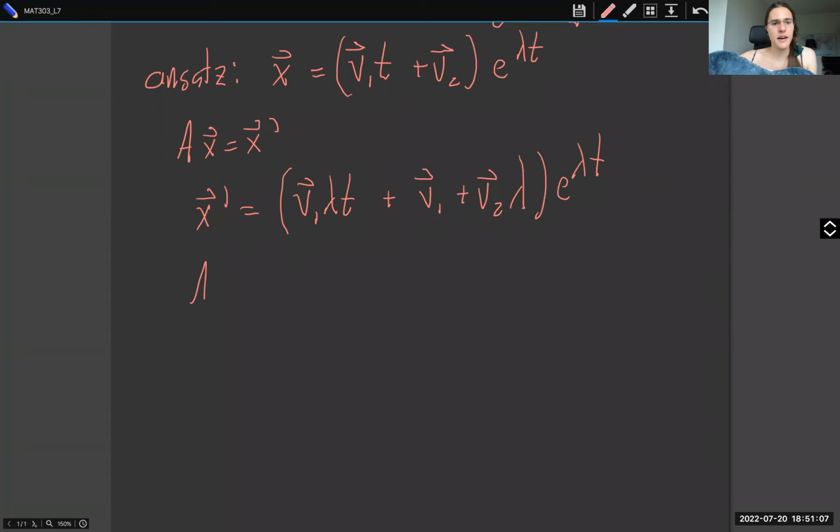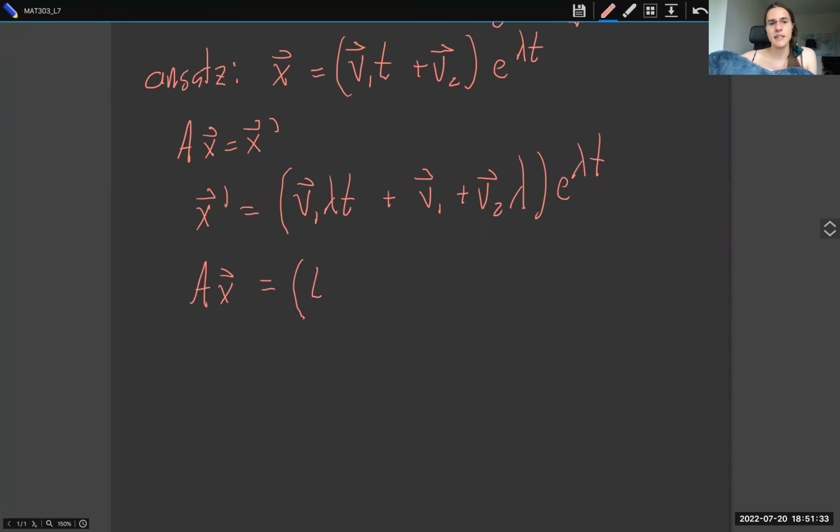And A of x is equal to, well, t is just a constant. It's a function of t, but as far as the matrix is concerned, it's a scalar. And e to the lambda t is going to be a scalar outside of everything again.